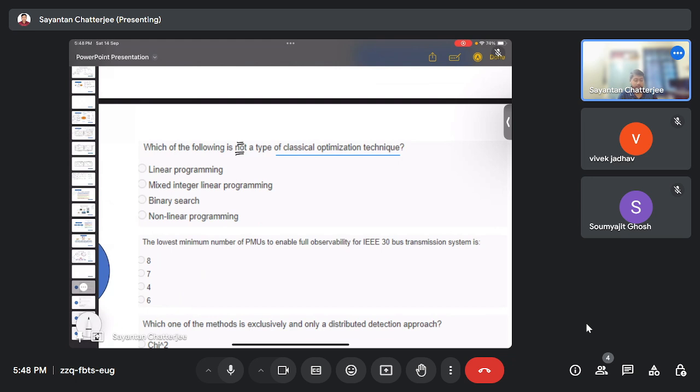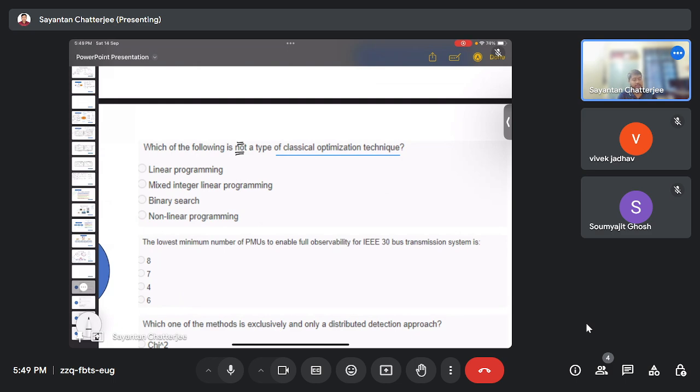There is an emphasis on not. Linear programming, mixed integer linear programming, binary search, non-linear programming. Any idea?